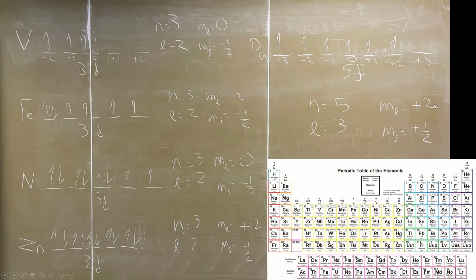M sub L equals plus 2. And because it's the first electron arrow in this orbital, it's going to be ms equals positive 1/2. If we had enough electrons to have a downward arrow here to double up, then that would be minus 1/2 if it was a downward arrow.